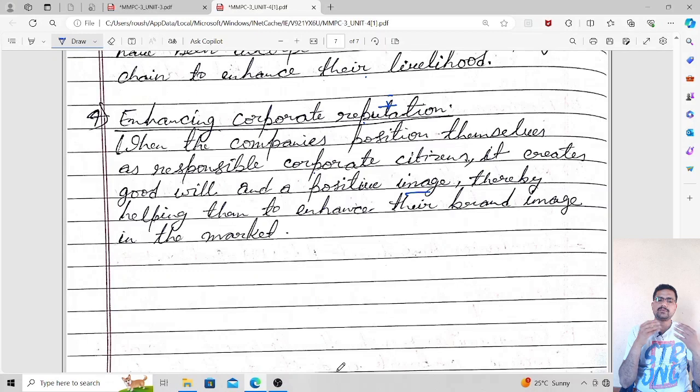Nowadays you can see Tata: people trust Tata because the image of Tata is very positive in the eyes of people, due to their CSR activities and many other factors also. So CSR activity is very important for enhancing corporate reputation.